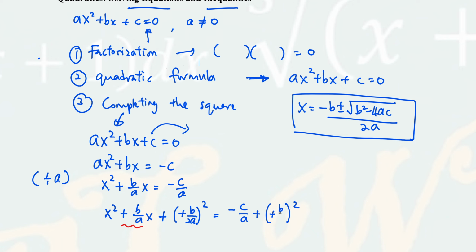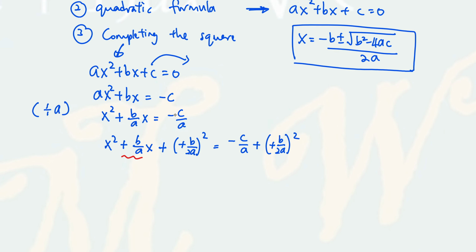Okay, so once you have written down this, the next step is for the left hand side, these three terms, you can simplify into x. Basically, you are just referring to the first and third terms because both have the square outside here, but then we just write the square outside the bracket and combine these two terms.